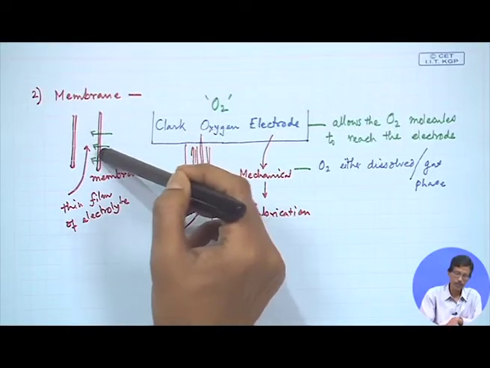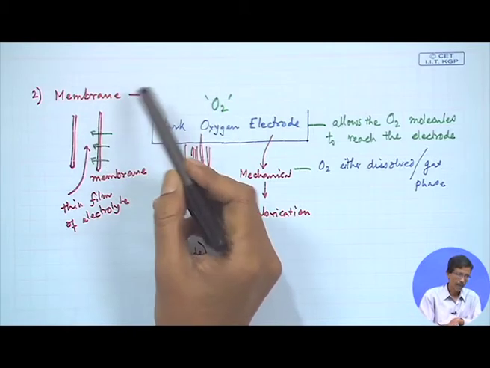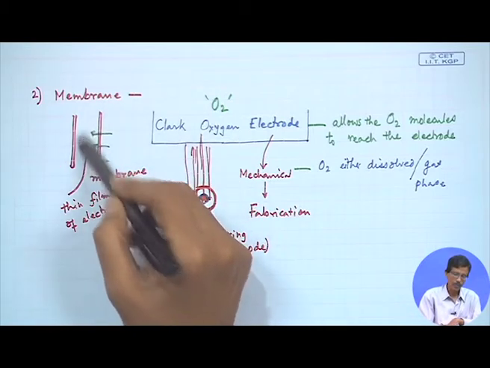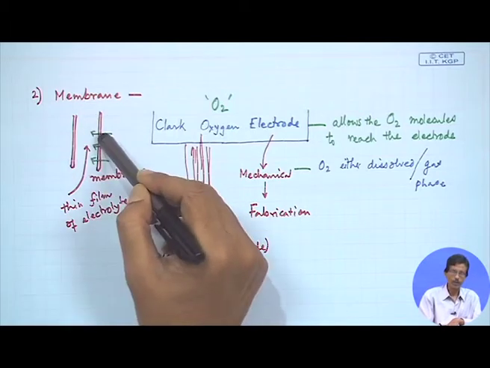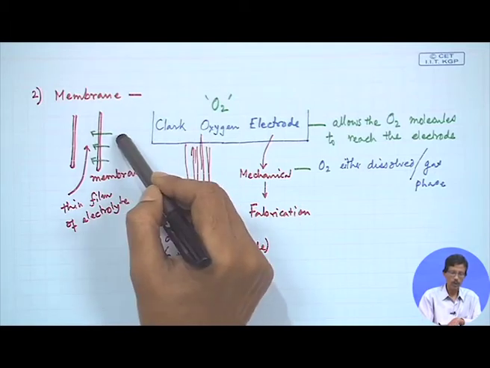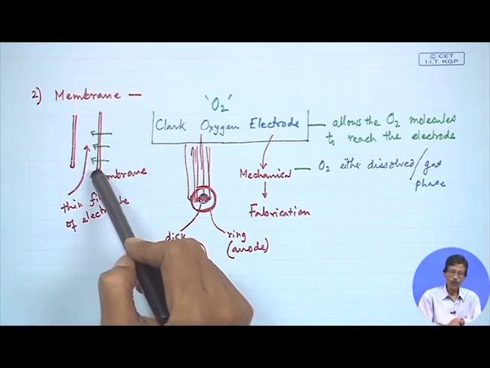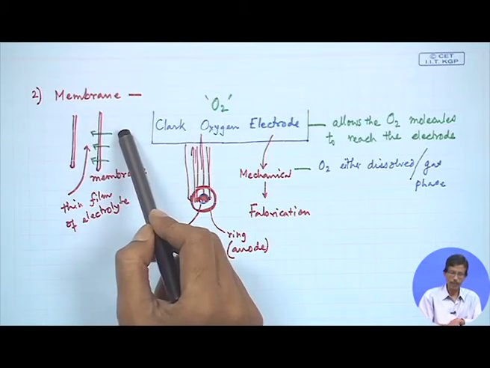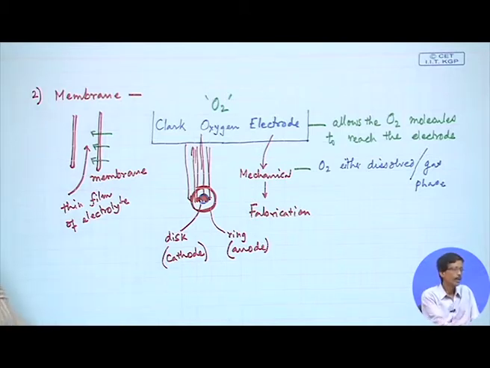That is also a diffusion process, and between the membrane and electrode surface you have the thin layer of electrolyte, and it should also pass through that. So, if the traverse of those oxygen molecules is diffusion controlled, it should have two barriers, one is the typical membrane and the other is your thin film of electrolyte. So, you get two different diffusion processes.